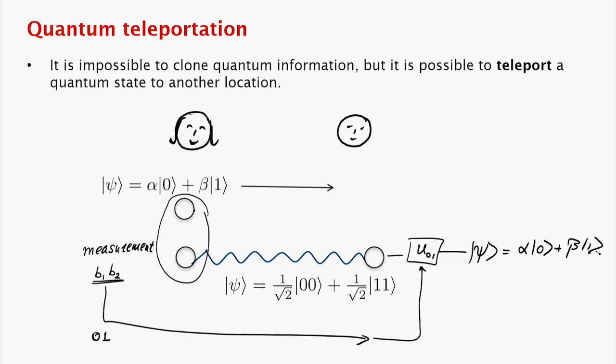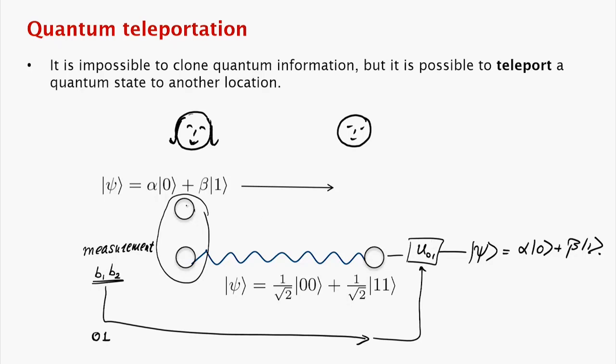So what Alice does is she has this unknown quantum state. She wants to transport it to Bob. And so in the course of teleportation, she destroys her qubit. She has to call up Bob and tell him 2 classical bits of information. And in the process, she allows Bob to reconstruct her qubit.